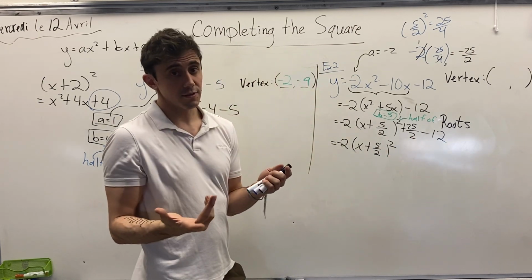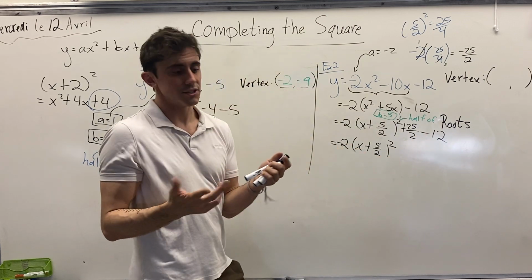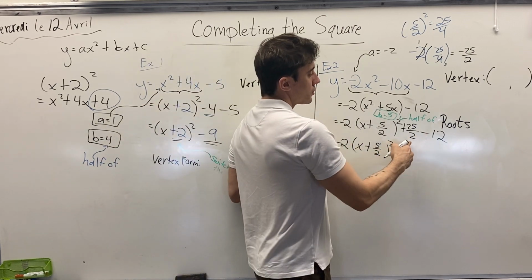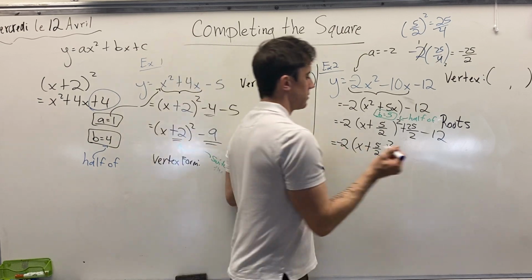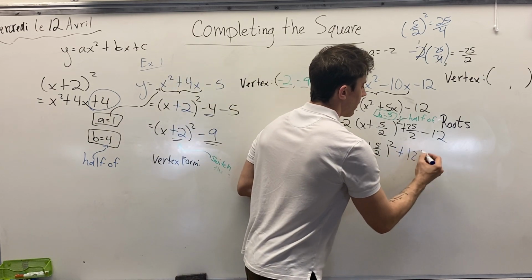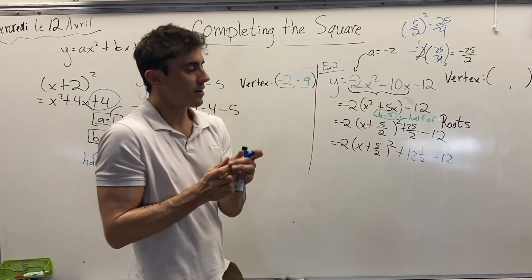There are different ways to do it. If we want to write this as a mixed fraction and leave that as a whole number, we can do that. That'll work out nicely. 25 halves written as a mixed fraction will be 12 and a half. And then we're still subtracting 12 at the very end.